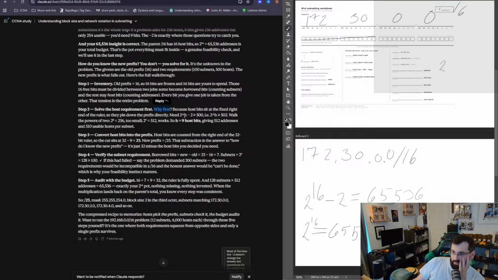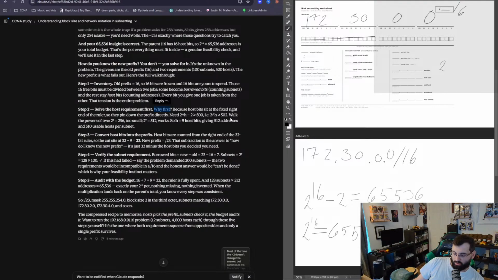Need 2 to the power of h minus 2 to be greater than or equal to 500. Well, I did that. 9 works, i.e., 2 to the power of h greater than or equal to 502.